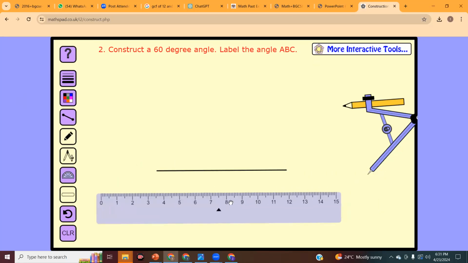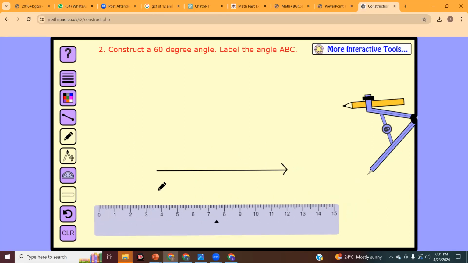So, what am I going to label this ray? BC. Very good. I'm going to label it as BC. I need you all to draw this one as well. B and C.